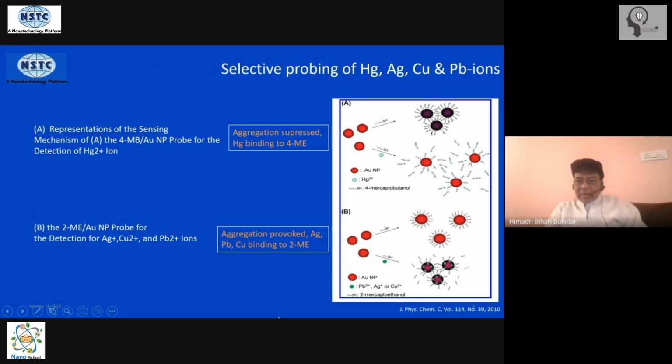All right. Now add any of these metal ions, lead, silver, or copper. Now the lead, silver, and copper will immediately, as before, form a complex with 2Me, but this complex will still stay on the surface of the gold nanoparticle, because the charge on these metal ions is positive, and the gold nanoparticle has a negative surface charge.